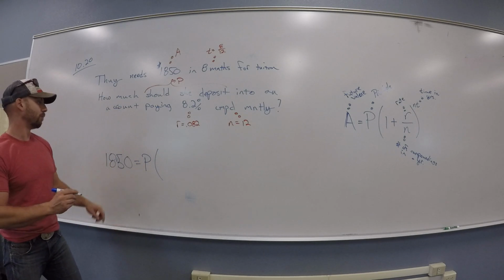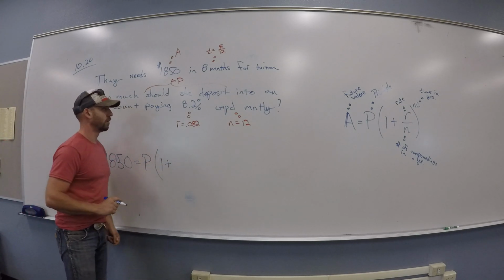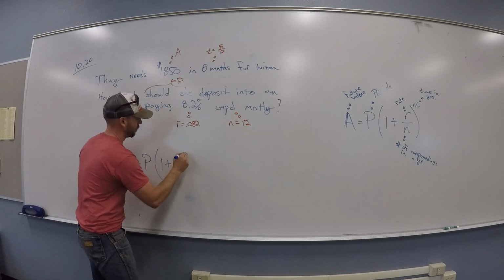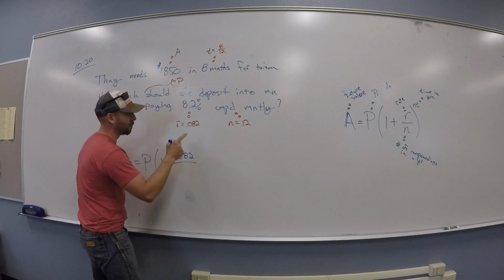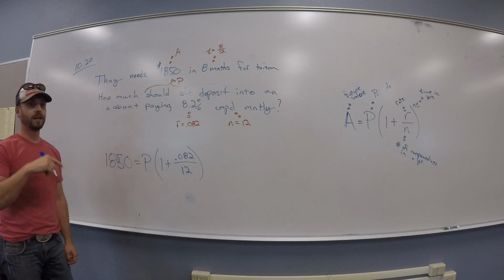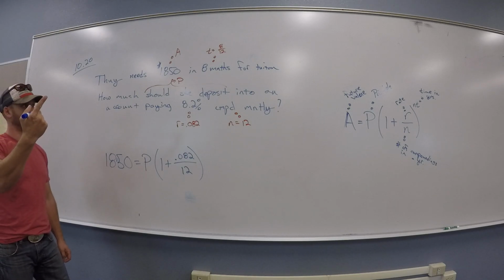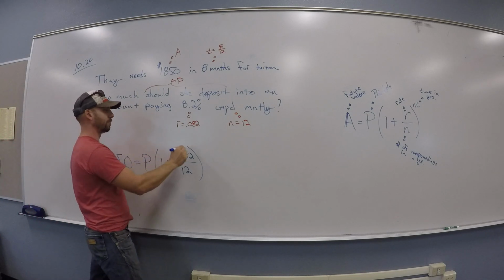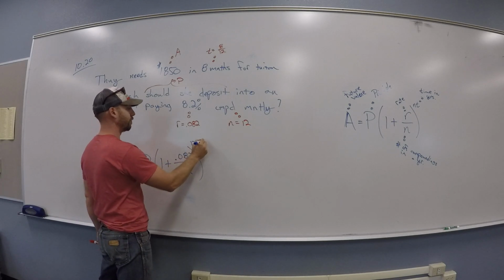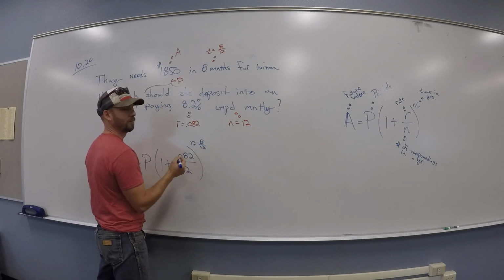Then you have 1 plus your rate, 0.082, divided by the number of compoundings, 12, and then raised to 12, the number of compoundings, times 8 over 12, the amount of time.